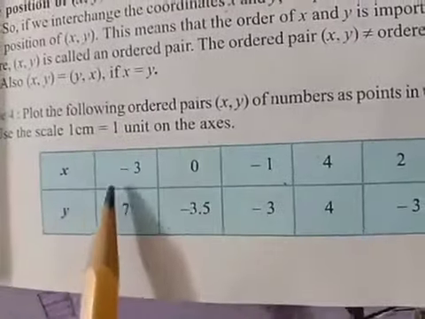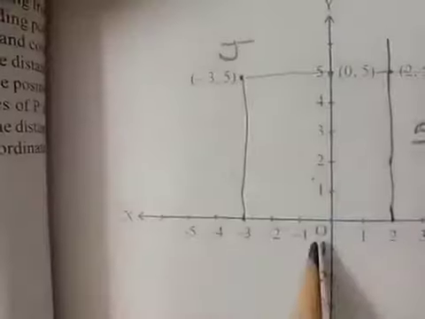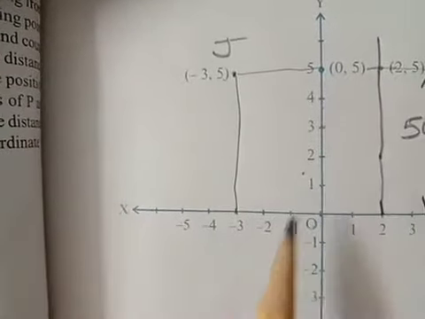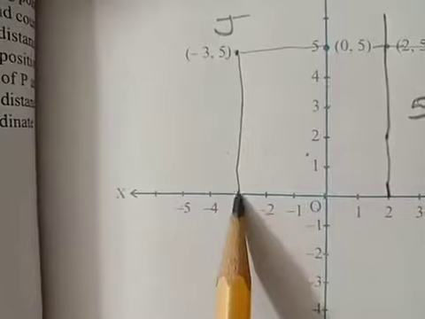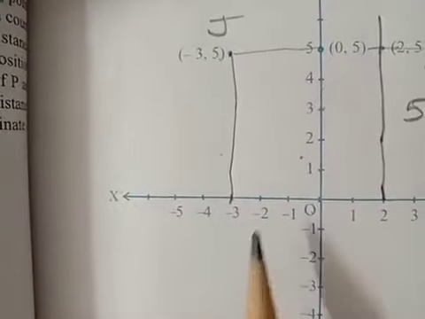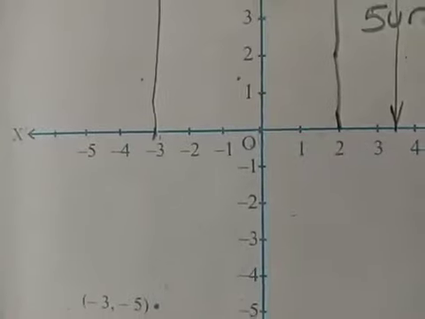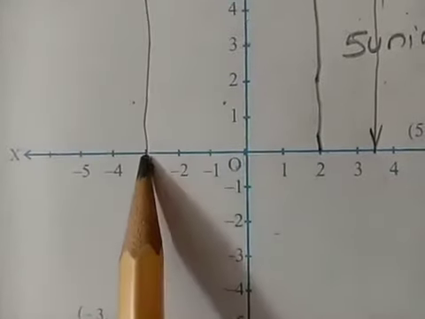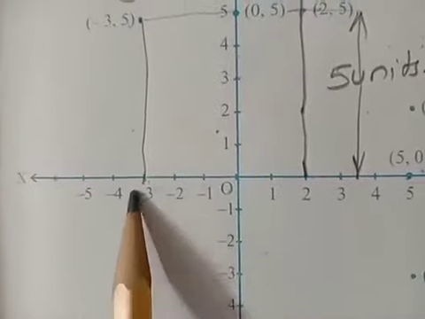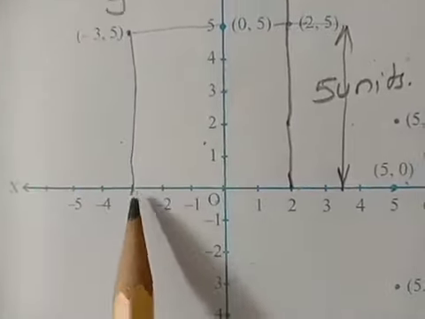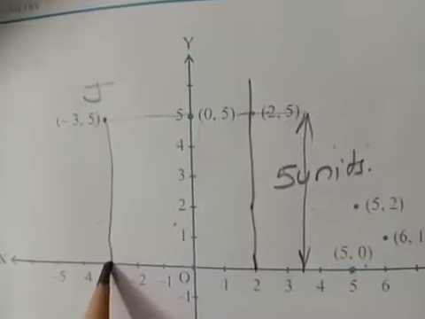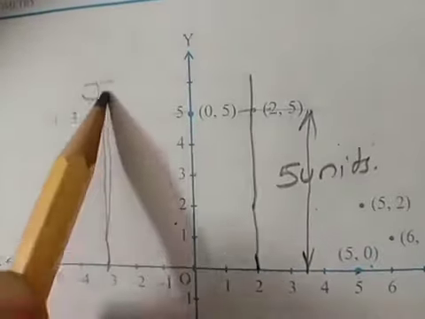Now the question given: the x coordinate is minus, so it is on the left hand side of x. So minus 3. From this, minus 1, minus 2, minus 3. Draw a perpendicular line on minus 3.